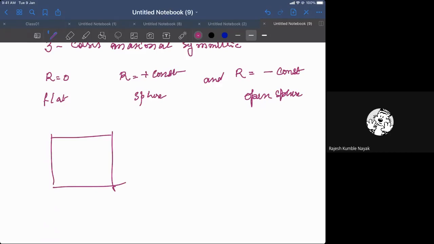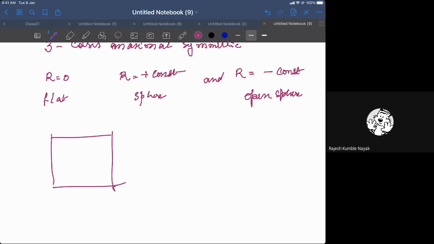You can translate from one point to another point on the sphere, which has a positive curvature, and that makes no difference because it is symmetric at every point. So the sphere also satisfies the Copernican principle.